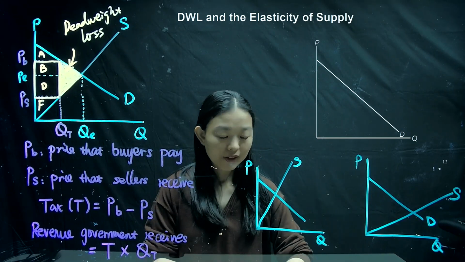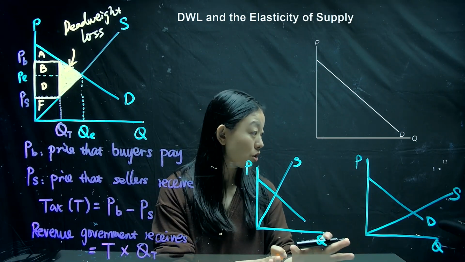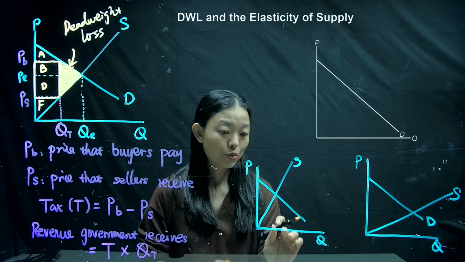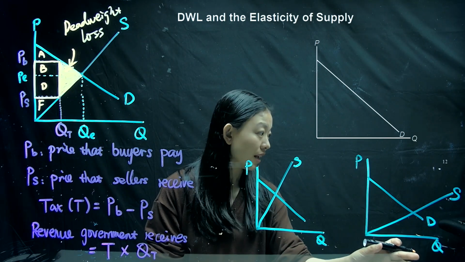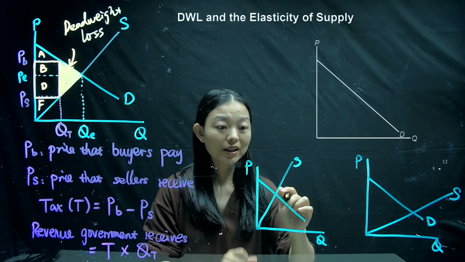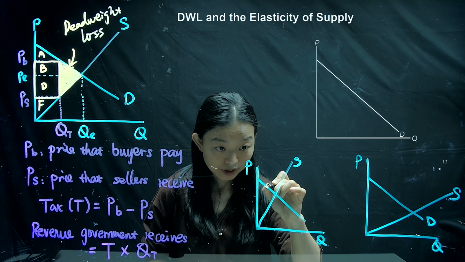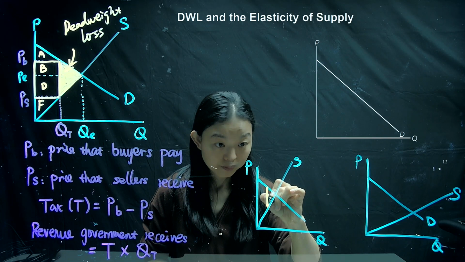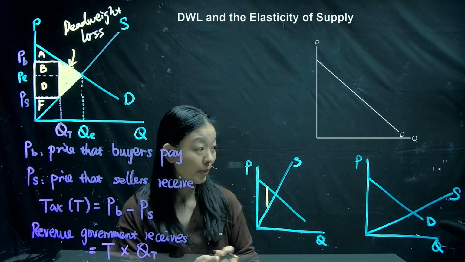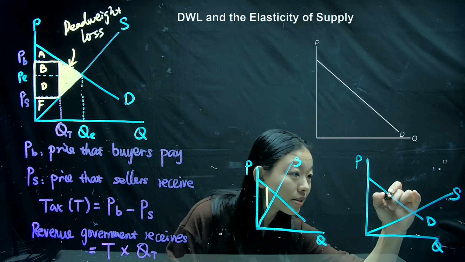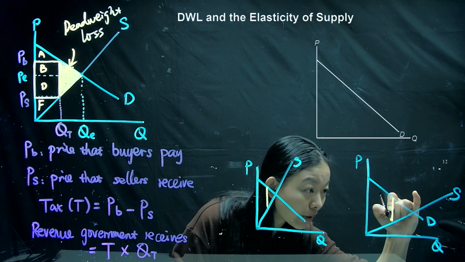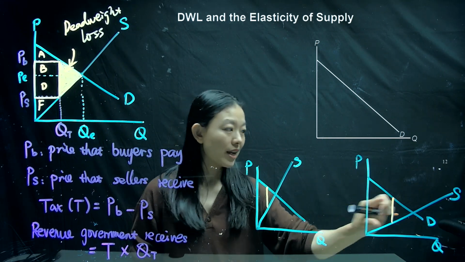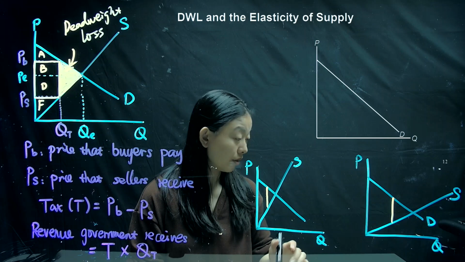So we suppose in these two goods, this is one good's supply and demand, this is another good's supply and demand. Suppose the government imposed the same tax rate on both. So these two tax rates are equal to each other, okay?